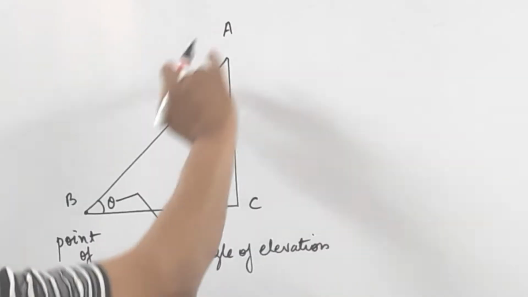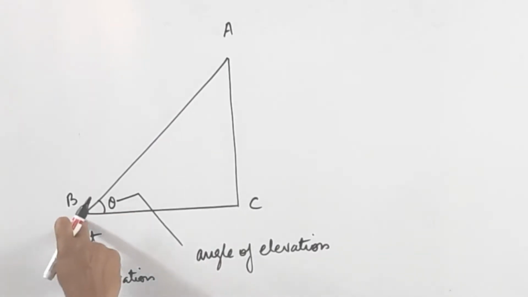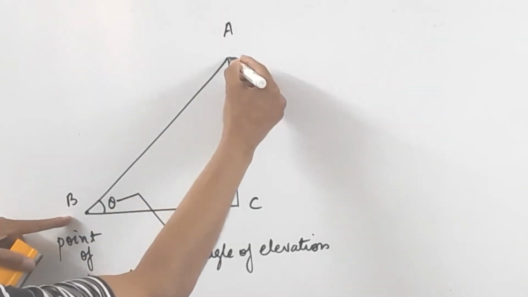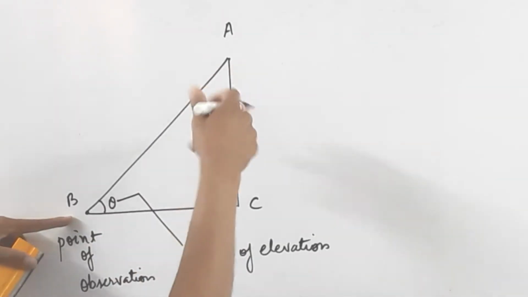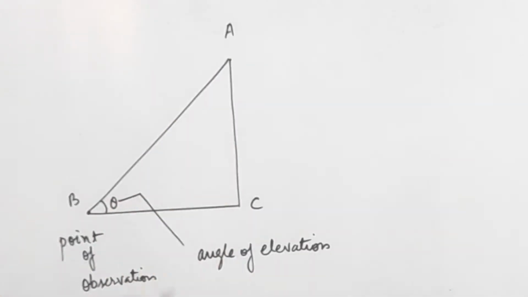So the angle of elevation is theta, the point of observation is point B, and we are looking upwards towards the top of the tower, say, or building or tree, whatever it is.